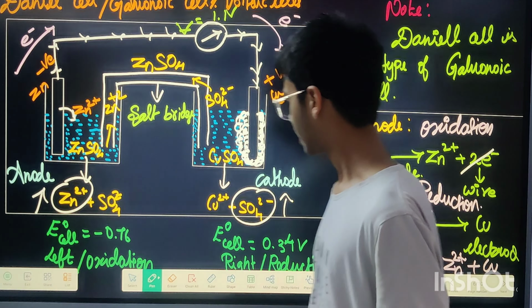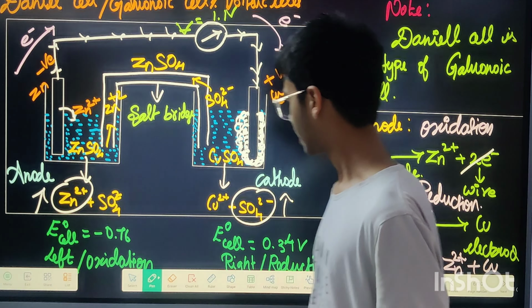Now we will check what will be happening if SHE is kept as cathode, and what will be happening if it is kept as anode.